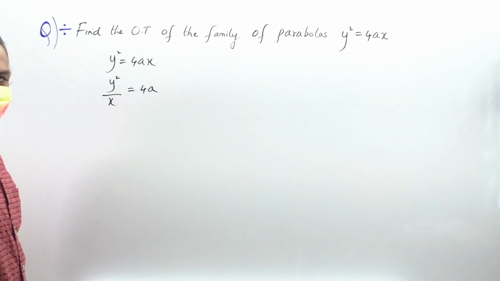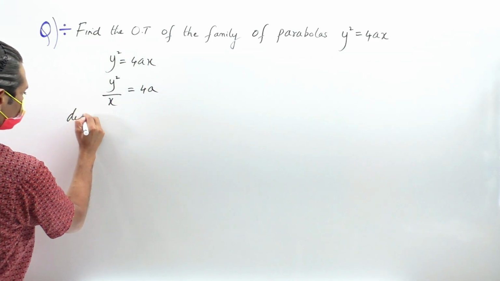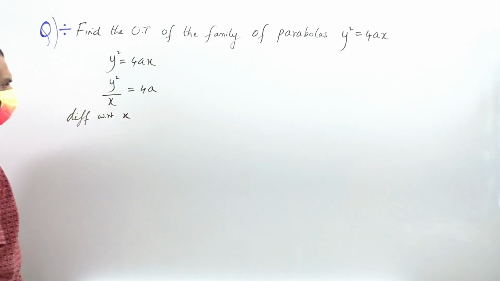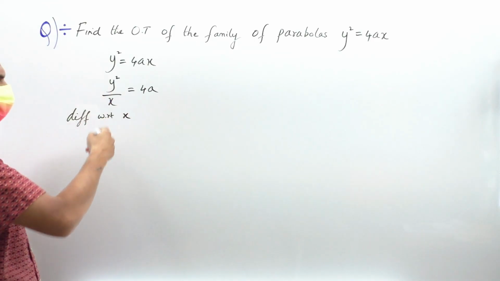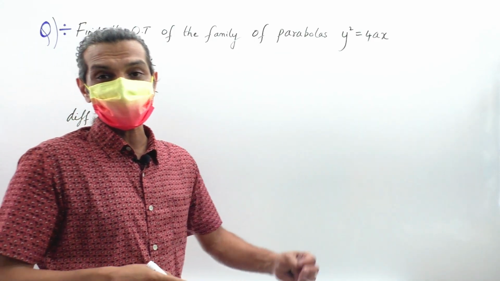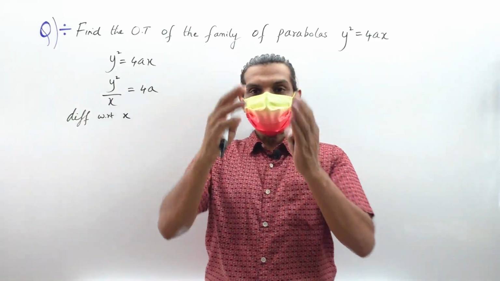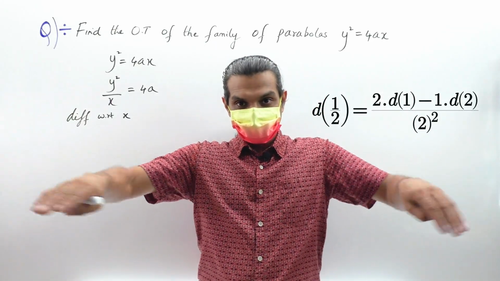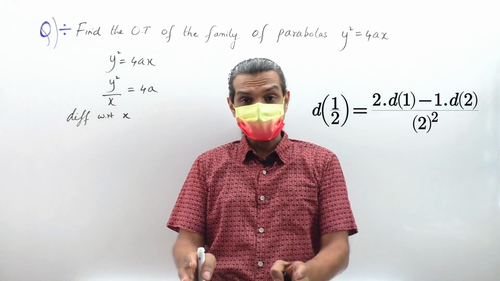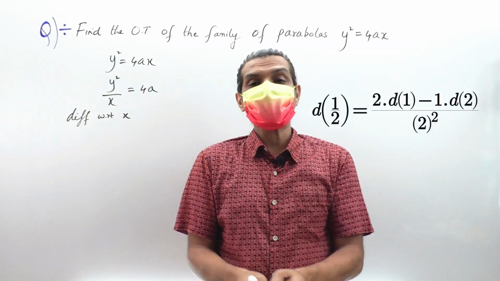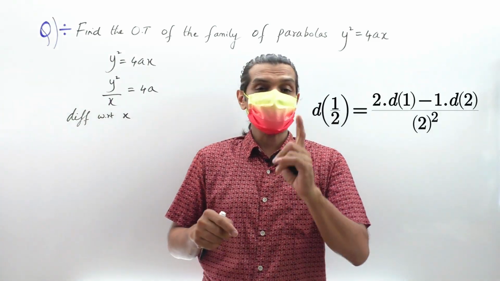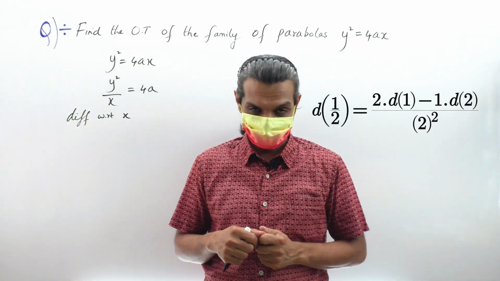Simple. Correct. Now we differentiate with respect to x. While differentiating, we'll use the quotient rule here. What is the quotient rule? For u by v, the differentiation of the first by the second function is: whole over the denominator, the second function squared, and in the numerator, the second function as it is, differentiate the first function, minus the first function as it is into the differentiation of the second function.